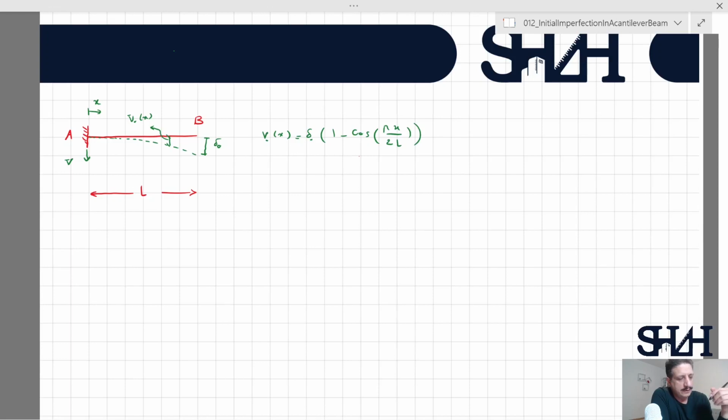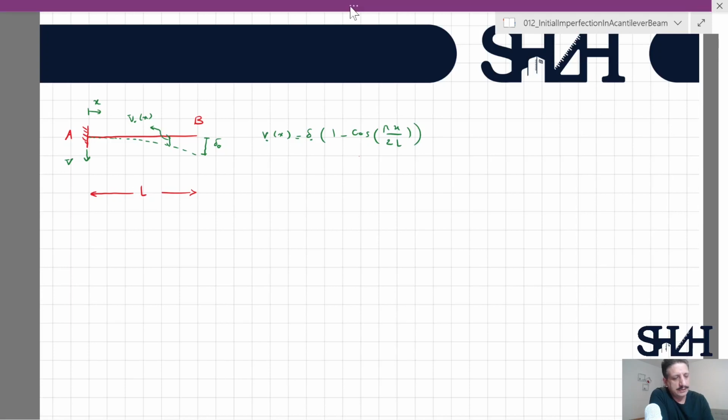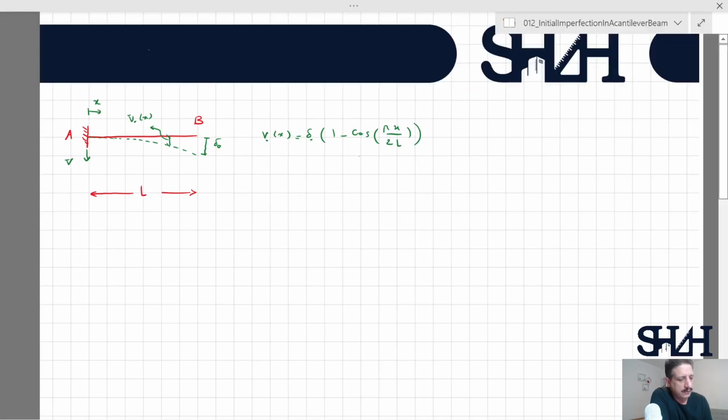Now, after considering the initial imperfection, it's time to apply the load P at point B. So this is the initial deformation of the member, and then we apply force P. Now, due to the force P, it starts to buckle if we increase the load until it buckles.